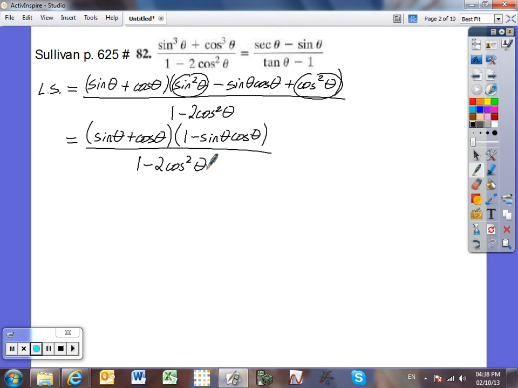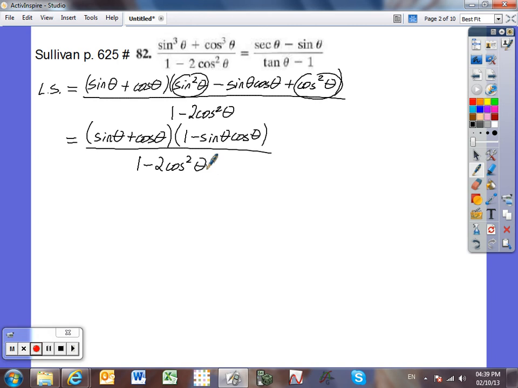I'm just considering right now expanding the top, but that's going to give me 4 different terms, and it might get even more complicated. I can't factor the denominator.